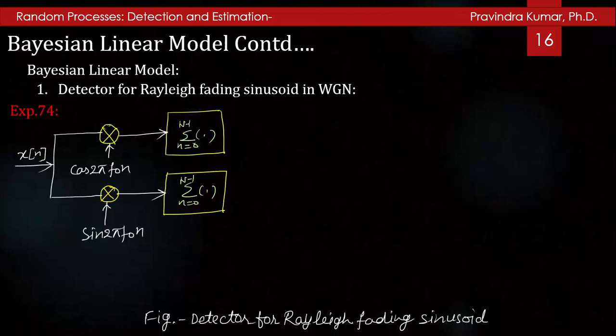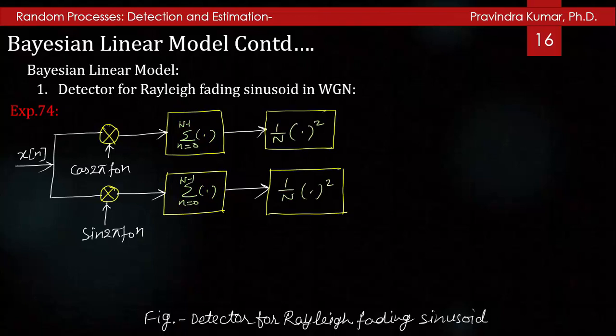Then we take the summation of both individually, summation n0 to n minus 1 xn cos 2 pi f naught n, and on the other side summation n0 to n minus 1 xn sin 2 pi f naught n, and after this we take the square of each summation separately.